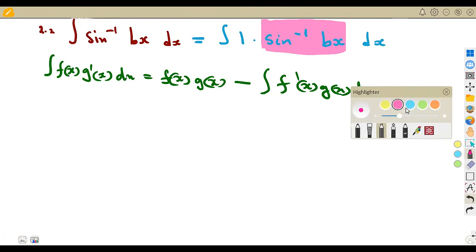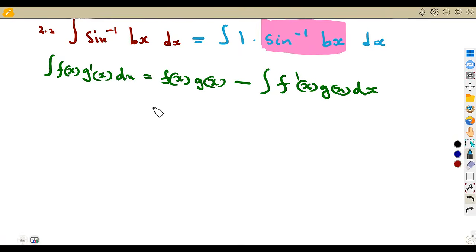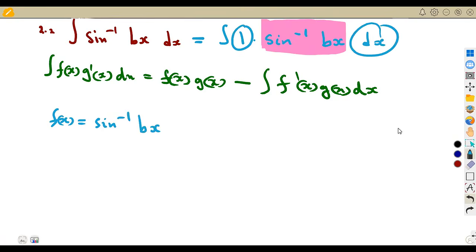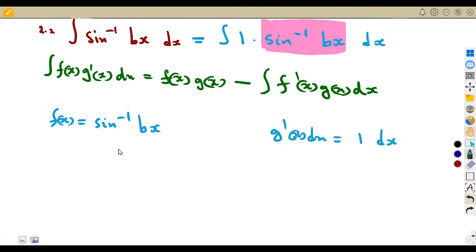If we choose our f of x to be arc sine of bx, therefore 1 dx is the one that is representing the remaining part, g prime x dx, which is 1 dx. So on this part, what is it that I need from f of x?